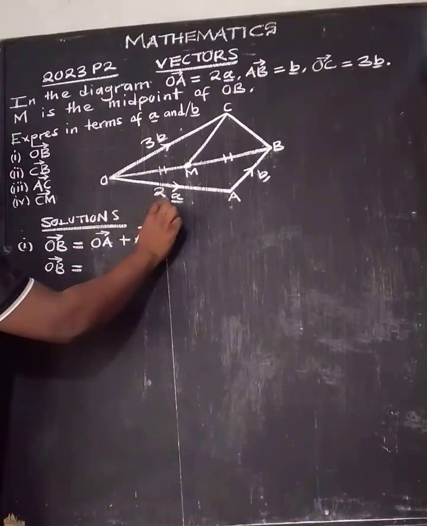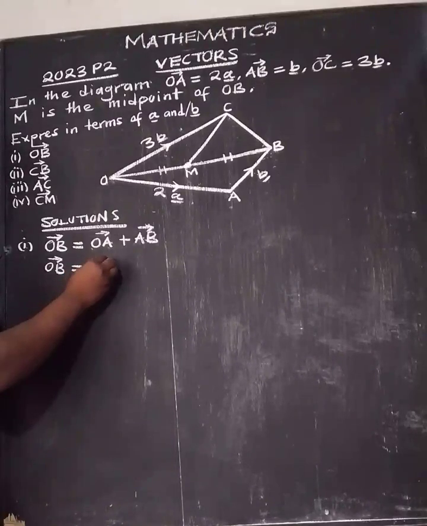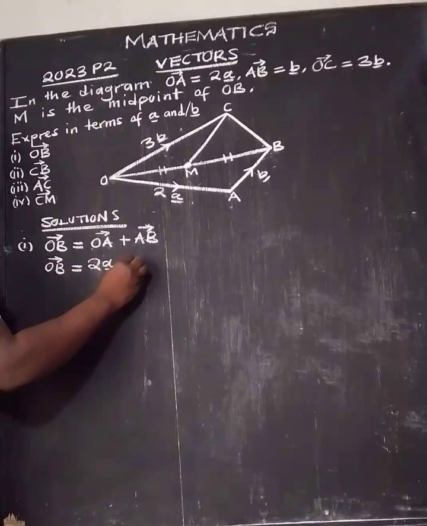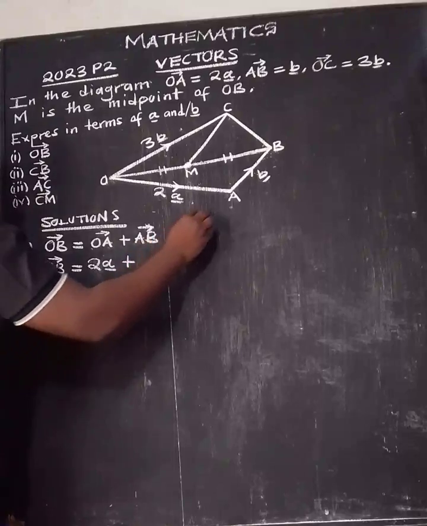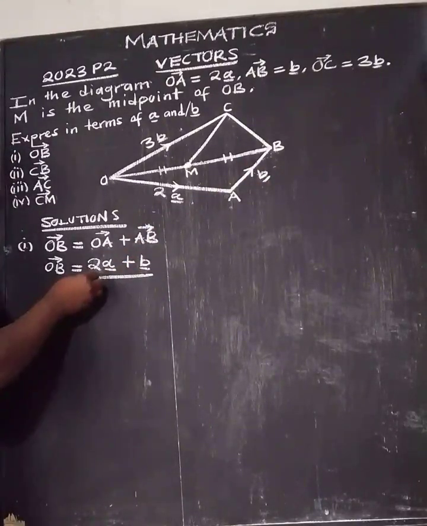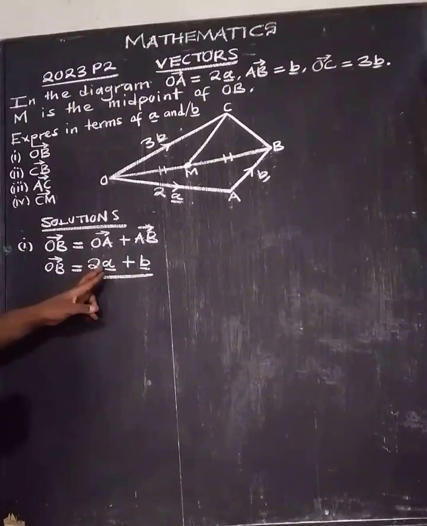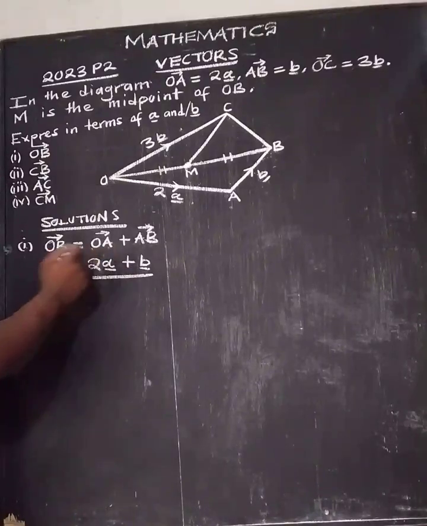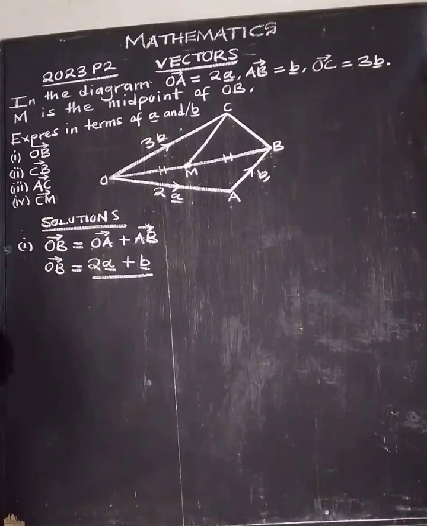OA is 2 vector A. So 2 vector A plus, what is our AB? Our AB is vector B. So this is our answer. Since these are unlike terms, we cannot add A and B. So this is our answer.